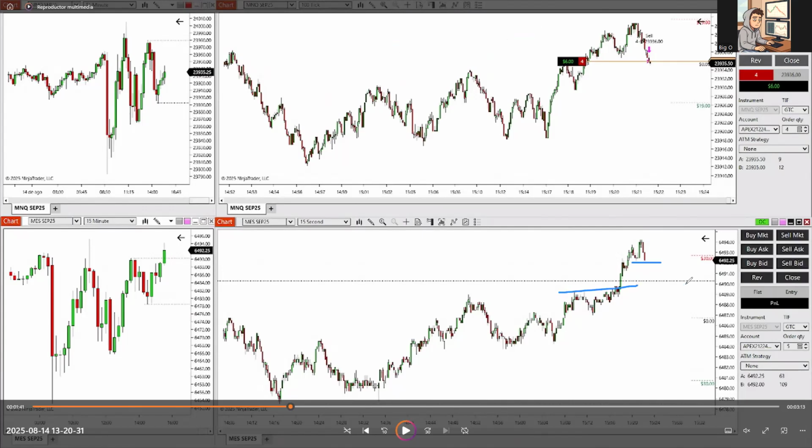And yeah, the S&P 500 did price fail, but as you can see, the risk would have been a lot greater. And this is the 15-second chart. I should be looking at the 100 tick chart, but I guess that's fine. So, yeah, great setup.